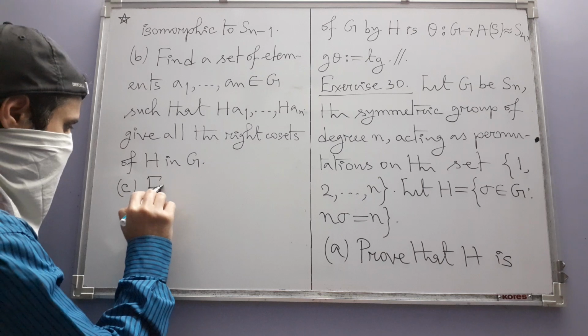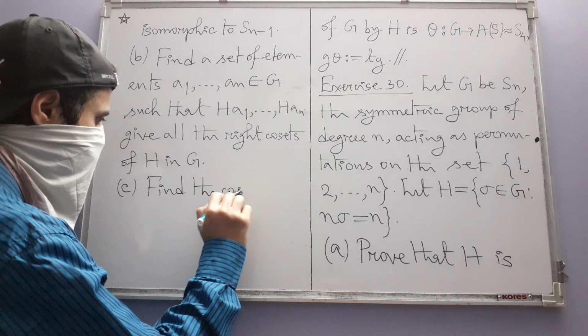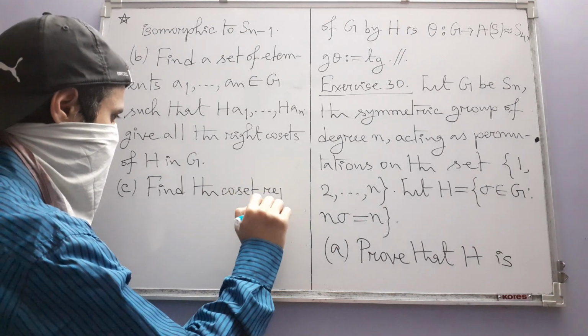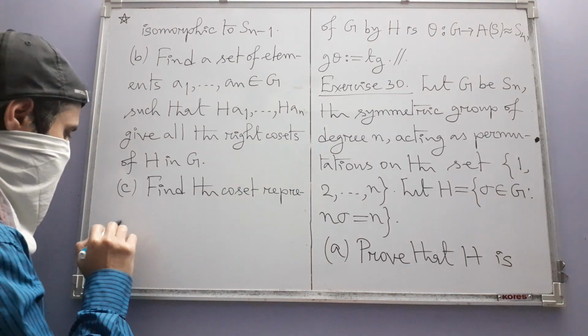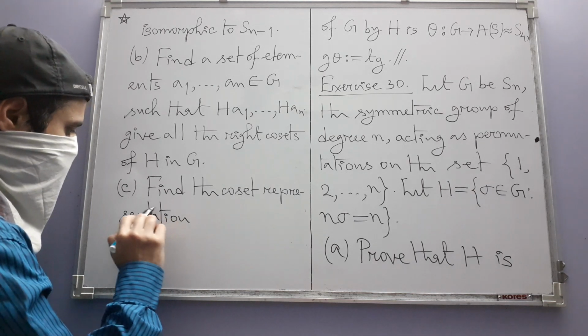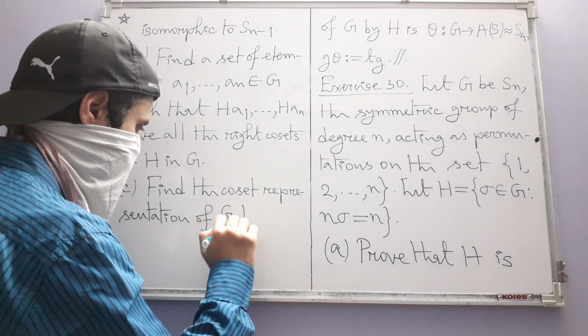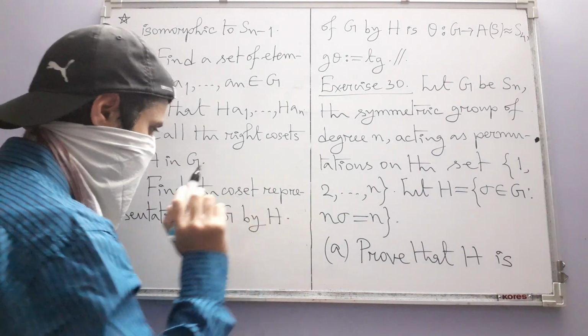Find the coset representation of G by H.